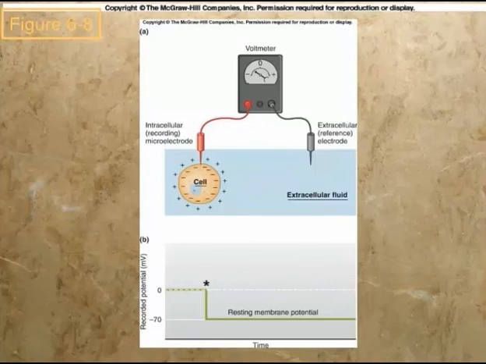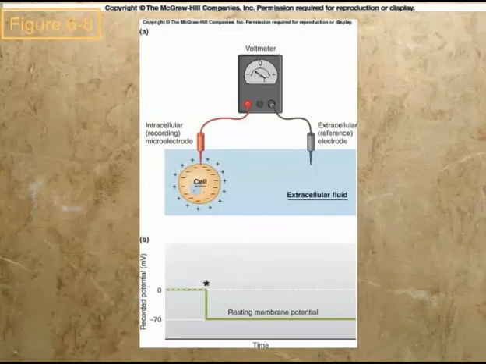Most of these compounds were made inside the cell and are too large to be readily transported outside the cell into the extracellular space. So they remain trapped inside the neuron and give the cell interior a slightly more negative charge with respect to the outside of the cell. In neurons, a typical resting membrane potential ranges from about negative 40 to negative 90 millivolts.